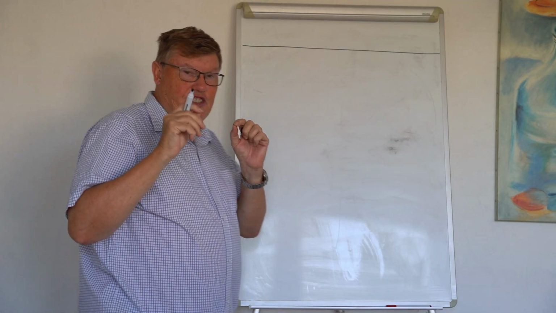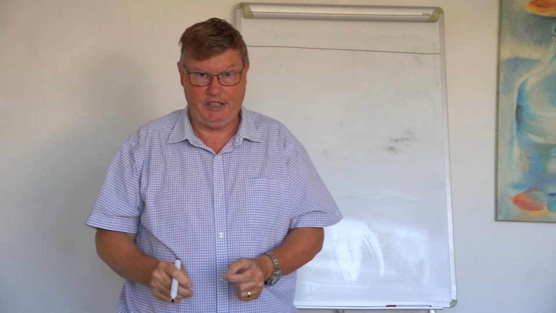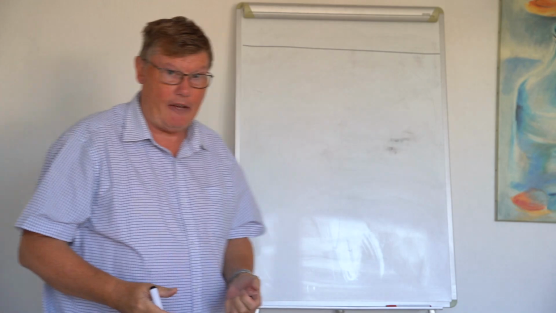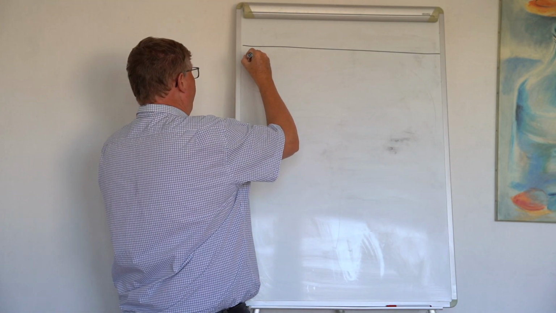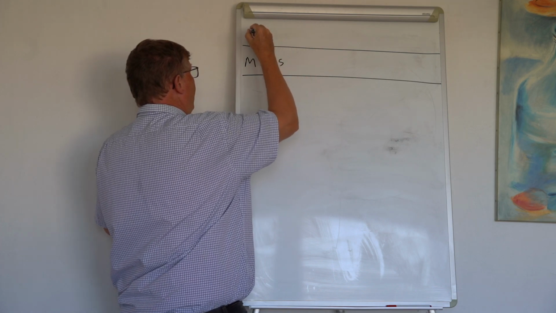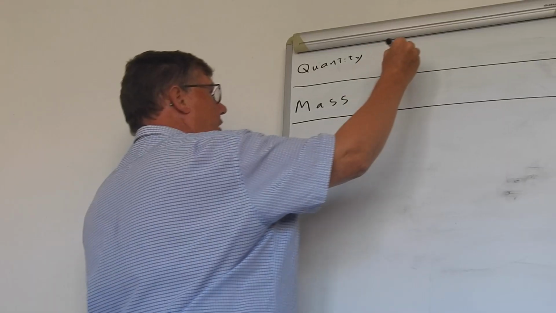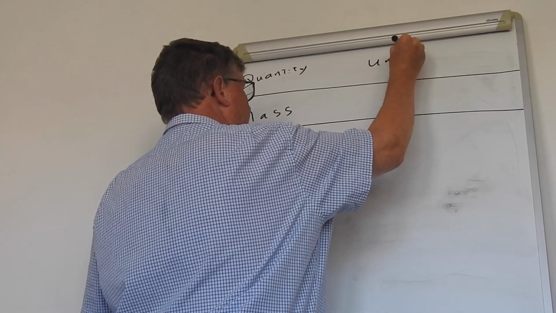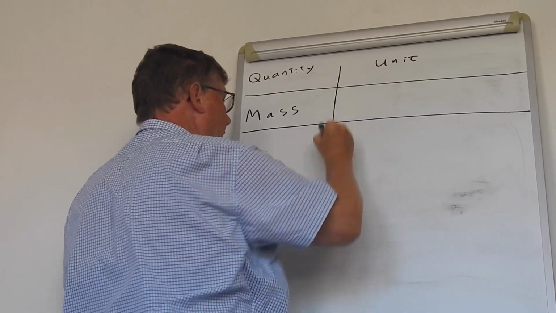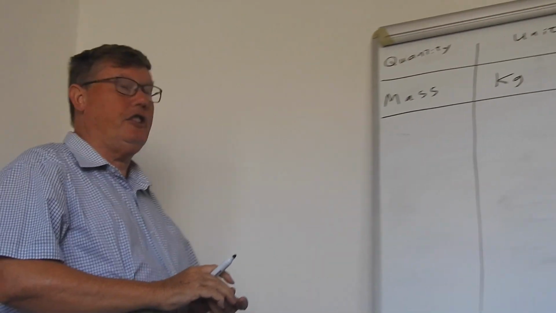There are 7 what are called basic quantities, basic things that we have in science. And the first one is mass. The base quantity is called mass, and the unit of mass, which is also a base unit, is the kilogram. Okay, so quantity mass, unit, kilogram.